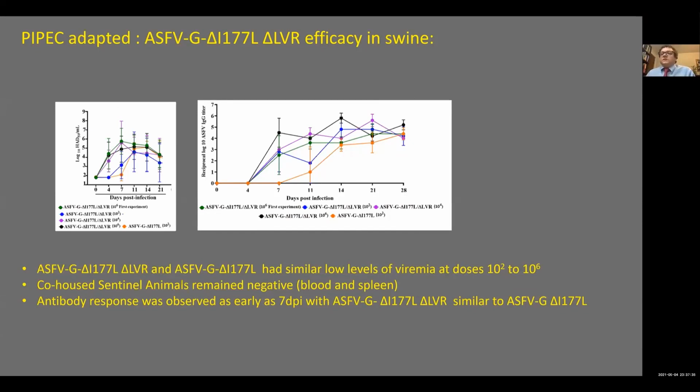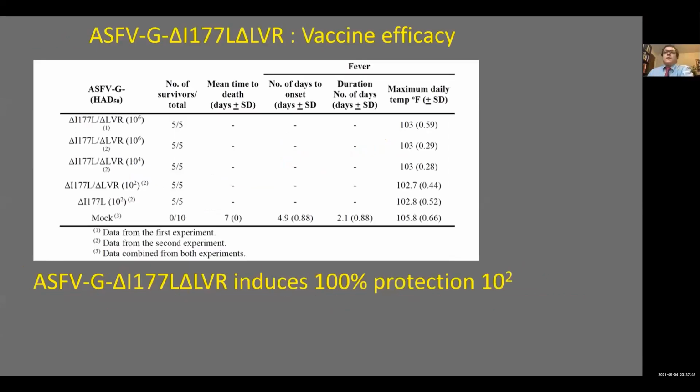When we looked at the antibody response, we saw that it occurred as early as 7 days with our I177L delta LVR, and this was similar to the parental I177L. When we looked at vaccine efficacy, we found that our adapted virus induces 100% protection at 10 to the 2, which was the same as the parental virus, so it maintained vaccine efficacy even with this deletion and adaptation in PIPEC cells.